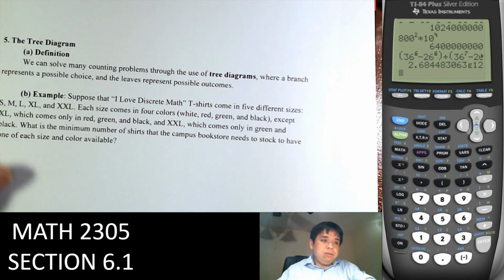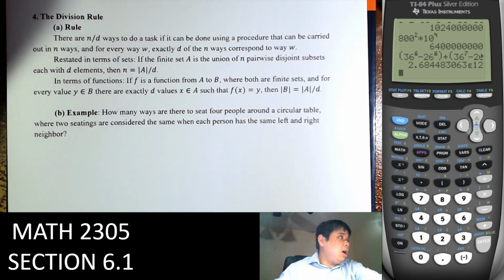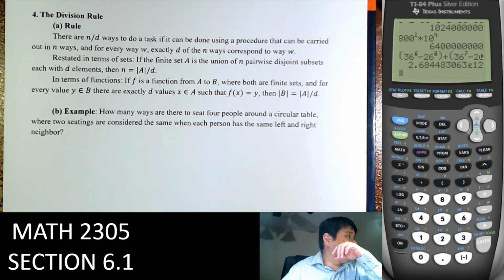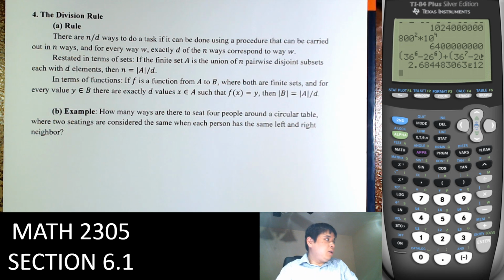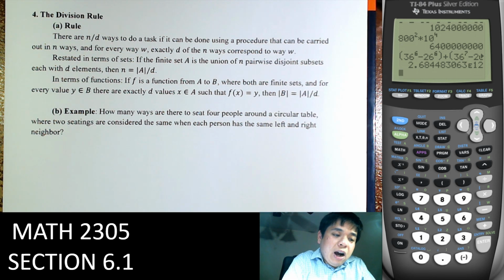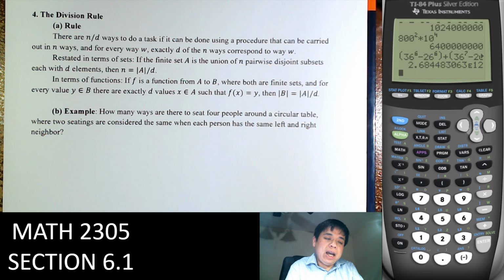The division rule. If there are n ways to do a task, it can be carried out n ways, and for every way w, exactly d of the n ways correspond to way w.